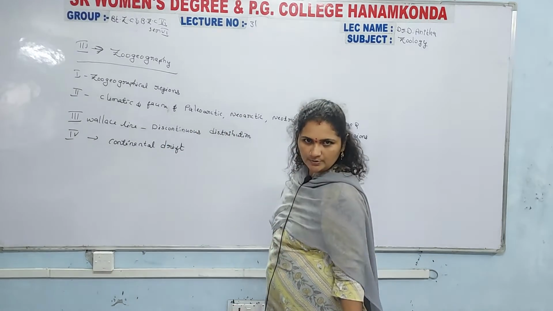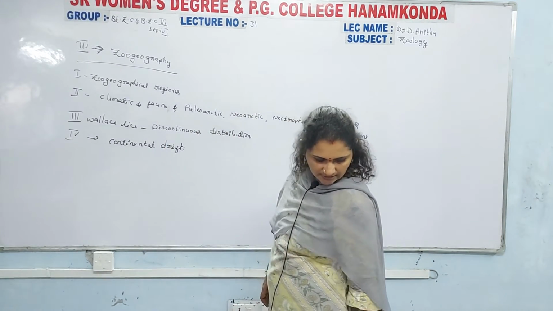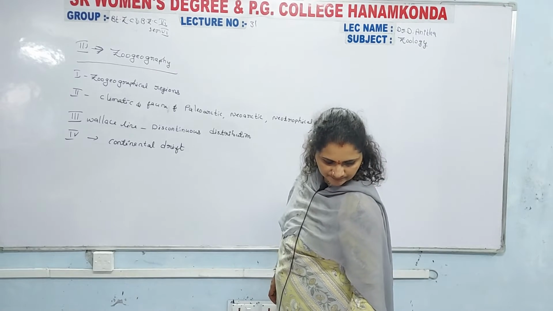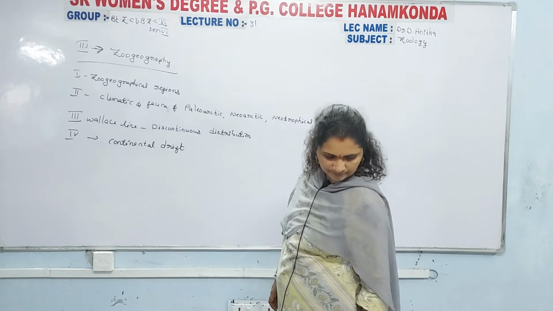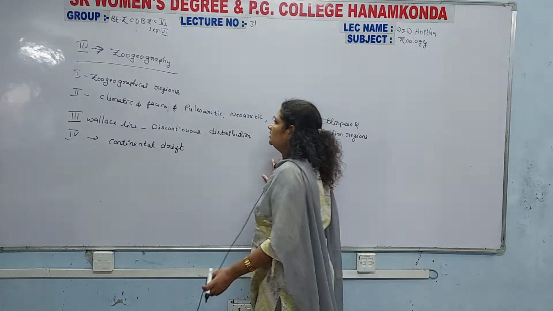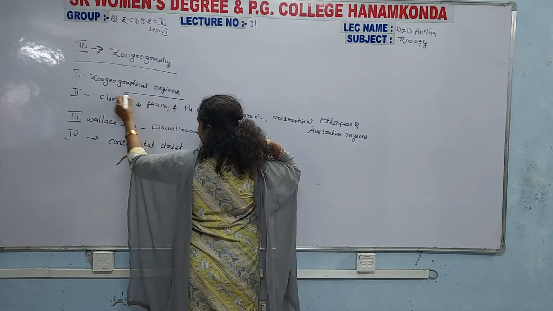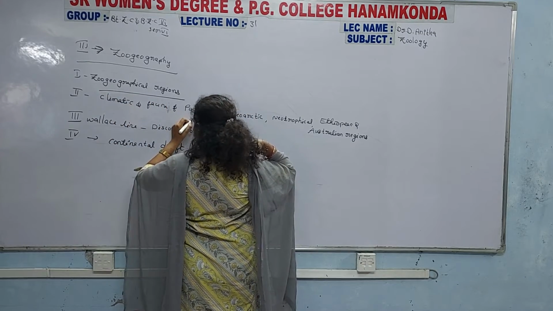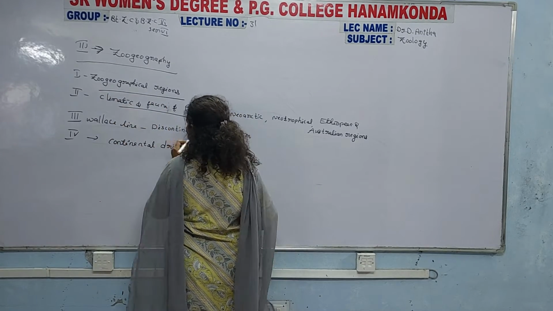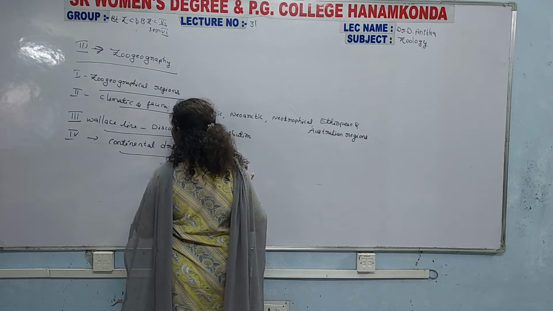These are the topics of your second unit, third unit syllabus. So that is geographical regions, climatic and fauna of these regions, Wallace line, discontinuous distribution and continental drift.